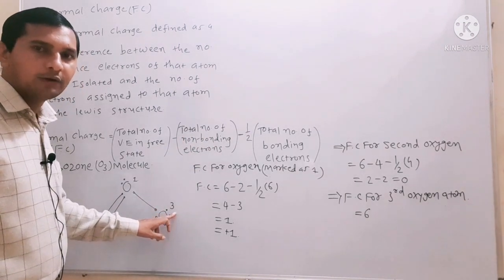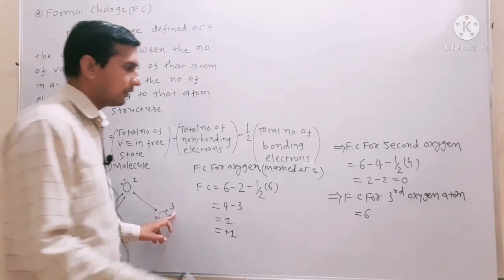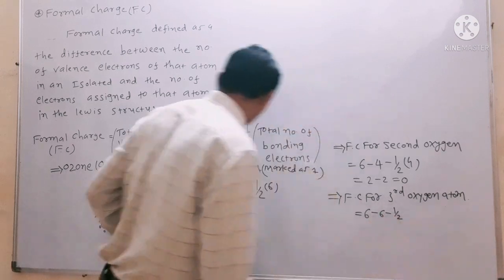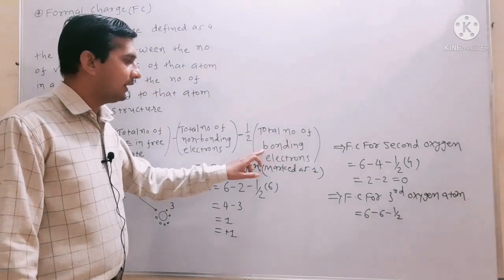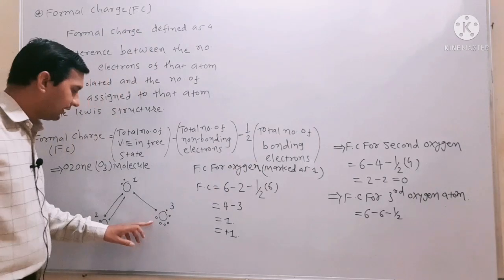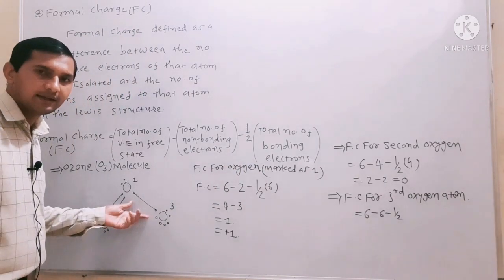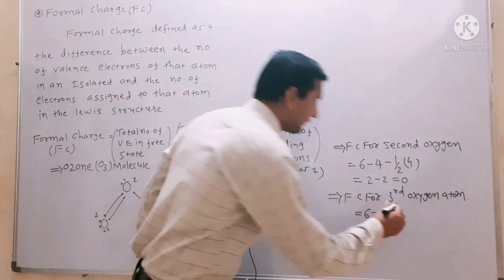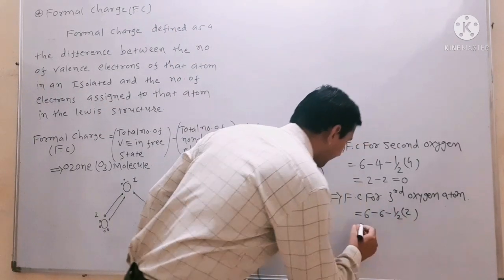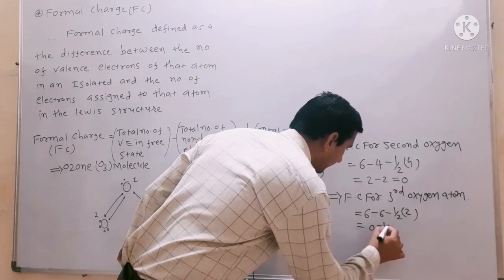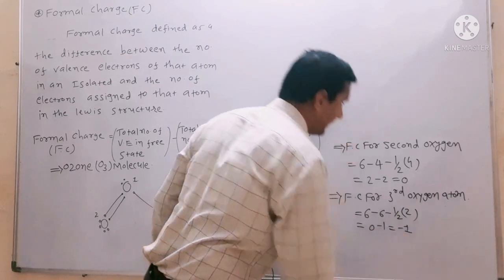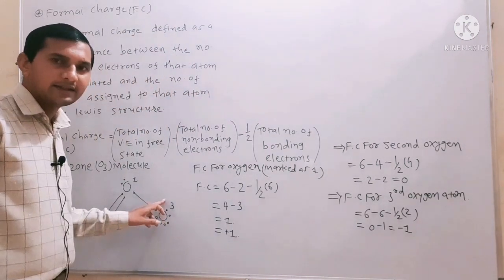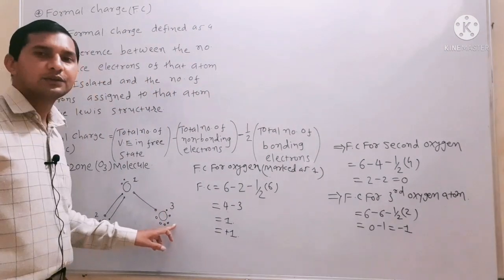There are 6 electrons around the oxygen atom. Therefore, 6 minus 6, minus 1 upon 2 total number of bonding electrons. Here only a single covalent bond is seen, therefore bonding electrons will be 2, so 0 minus 1 equals minus 1. So the third oxygen atom, marked as 3, acquires minus 1 charge.